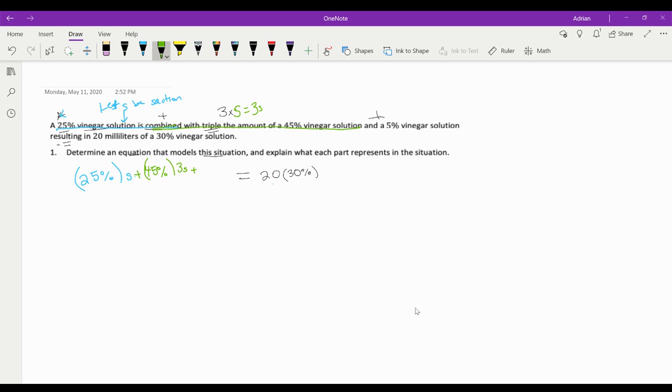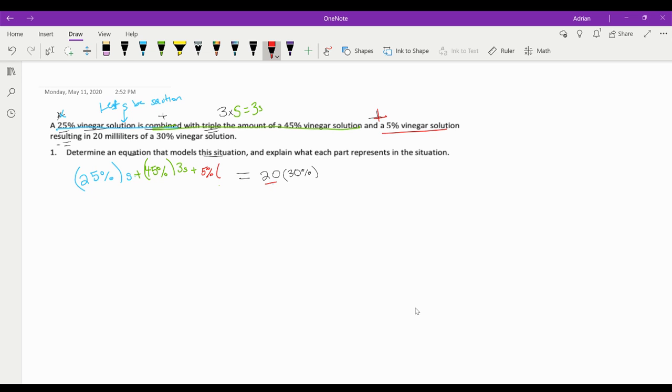Plus, now what I have, we'll make this red, plus a 5% vinegar solution. Resulting, so now I have 5%. And now here's the tricky part, which I don't like, but we know that we end with 20.